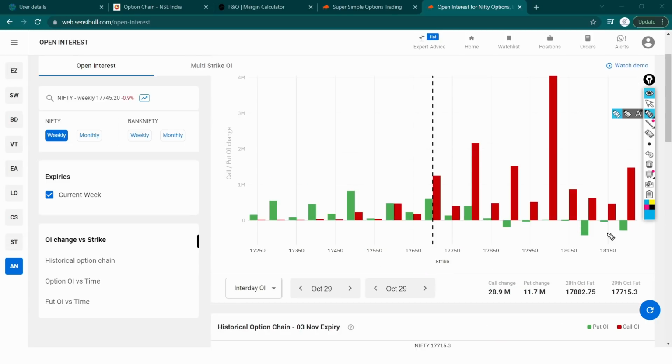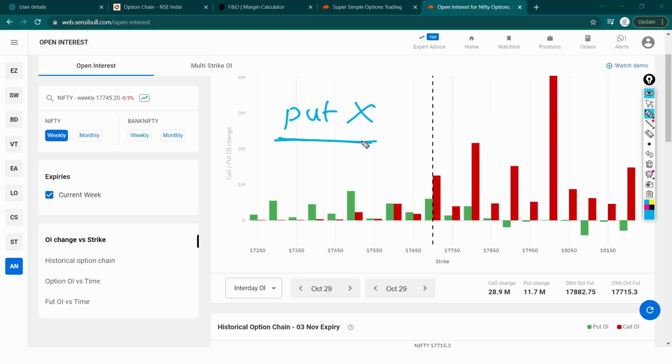So next, there is one more thing which I would like to show you, and you can see there is some unwinding of puts right over here. So you can see the quantity has actually decreased. So now again, why would you close a put option if you are a seller? So if the put option is being closed, what does it mean?